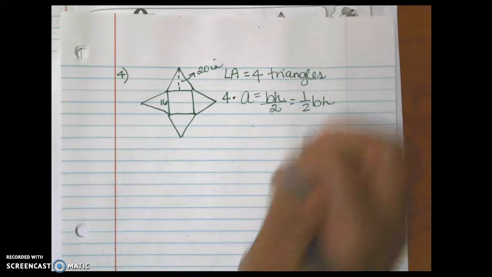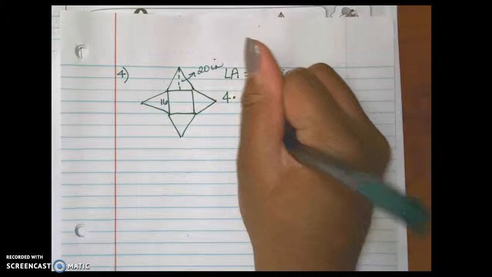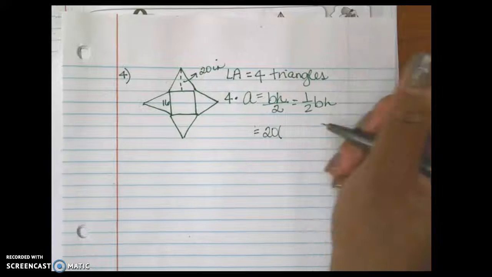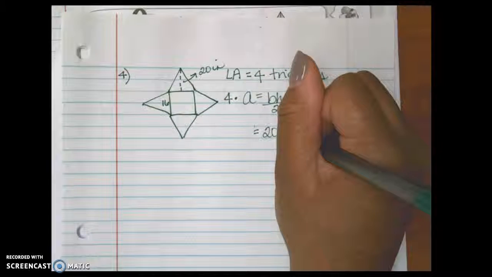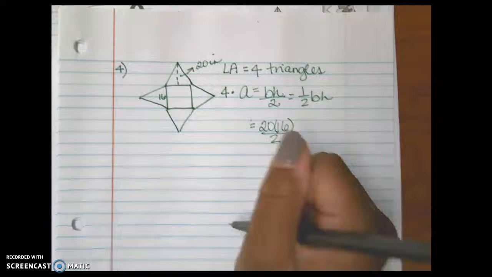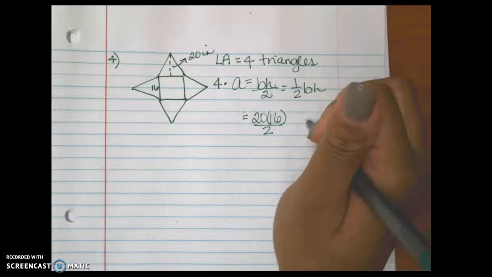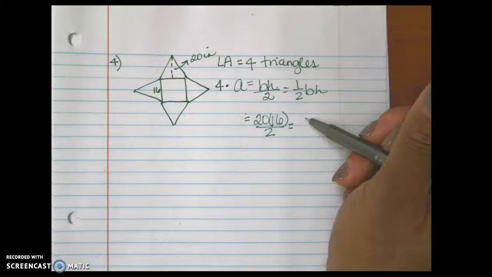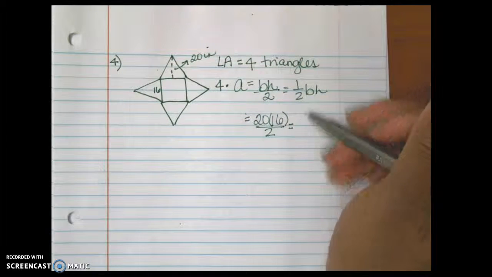What's the base and the height of my triangle? 16. Wait, 20. Divided by 2. What's 20 times 16? 320 divided by 2.